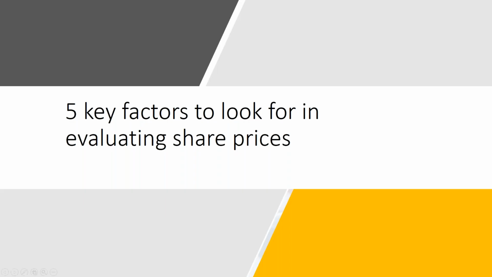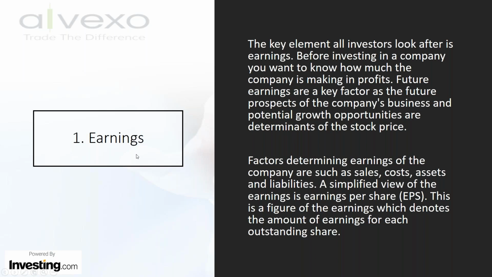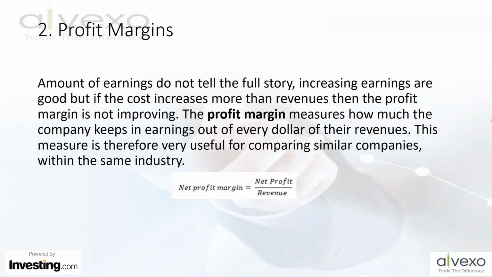So when we're looking at stocks, there are 5 key factors we want to look at that all fall in the area of fundamental analysis. One is earnings. The key element for all investors is to look at earnings. Before investing in a company, you want to know how much profit the company is making. Two, profit margins.